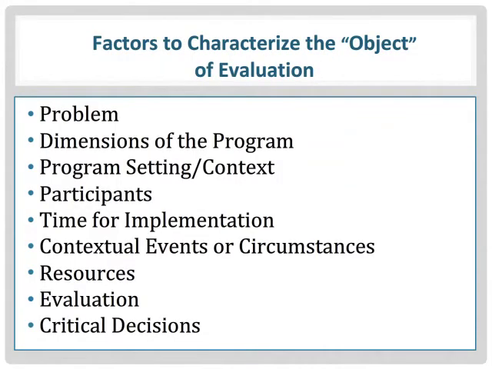As you look at this slide, you can use this as your checklist for the different factors that you will be using when you're building this evaluation plan over the next couple of weeks with these weekly assignments. Last week you identified the problem or the issue and dimensions of the particular program.